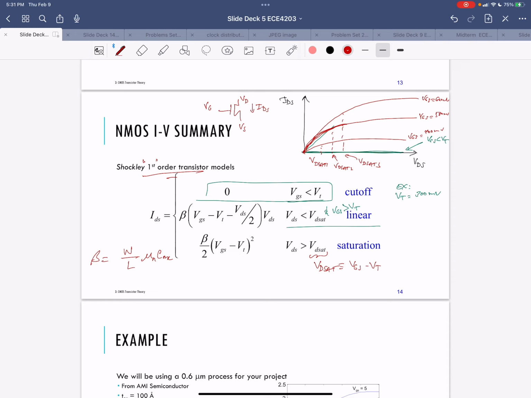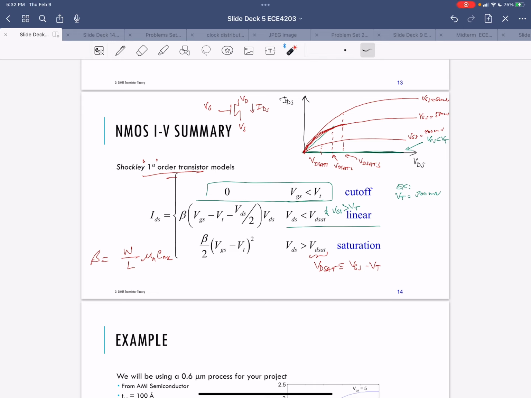Okay, so for project one, what you're doing is, again, you're trying to replicate these curves. Depending on your Bronco ID number, you're going to end up with a different width transistor. Everybody uses the minimum length transistor, and everybody's using the same mobility times C oxide parameter. That's because you're all using the same process.